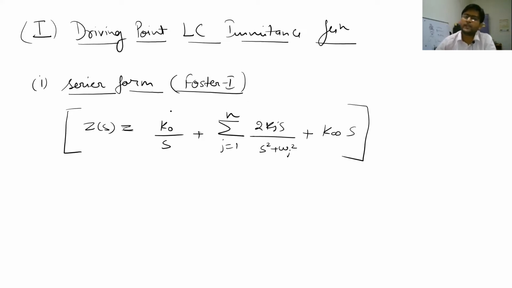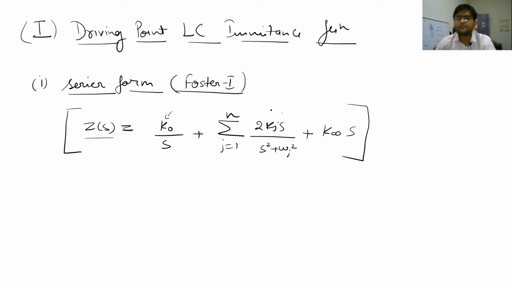So you know that for any LC network, you must get a combination of inductor and capacitor, right? There should not be any resistance. So if you see the first element, since this whole thing is representing an impedance, what does this represent? This represents a capacitor or an inductor or a resistor? Definitely it is a capacitor because S is in the denominator.